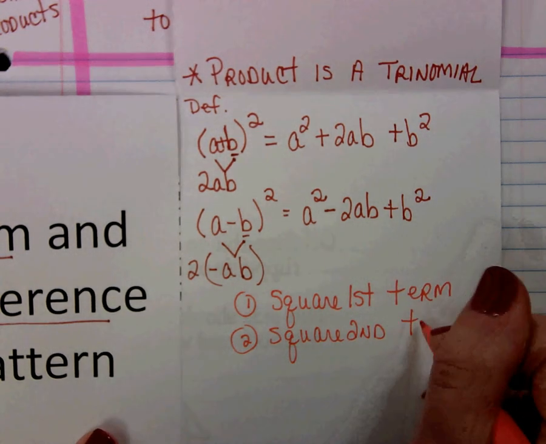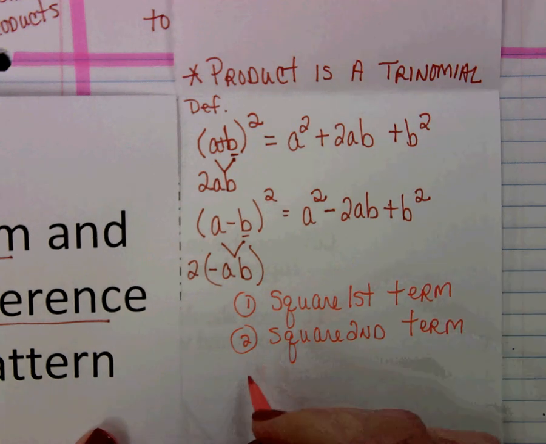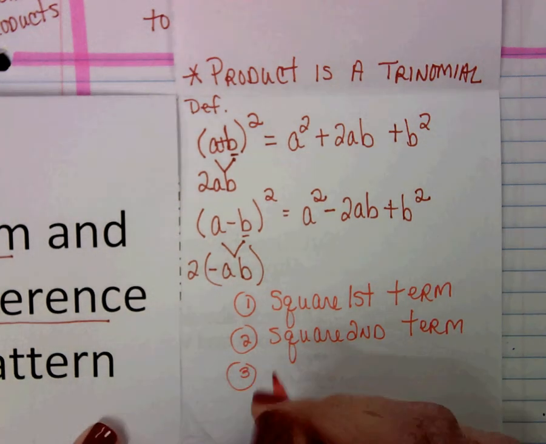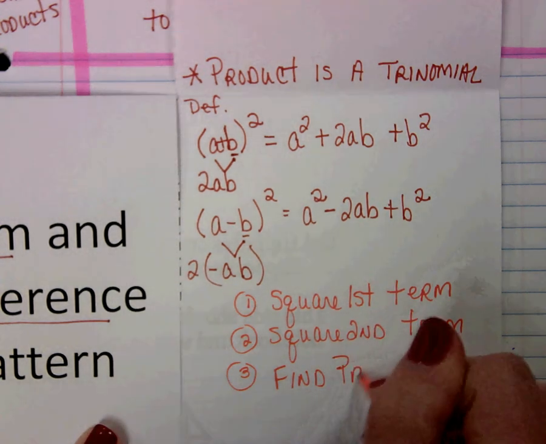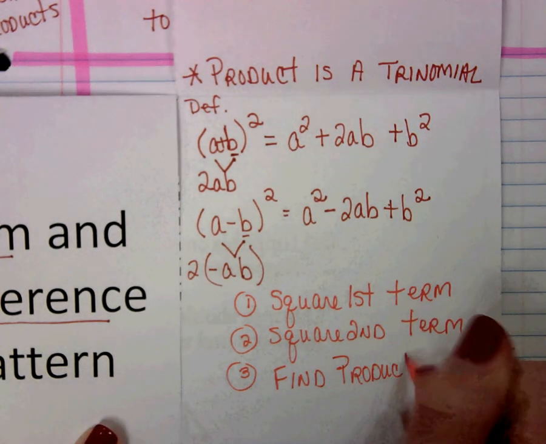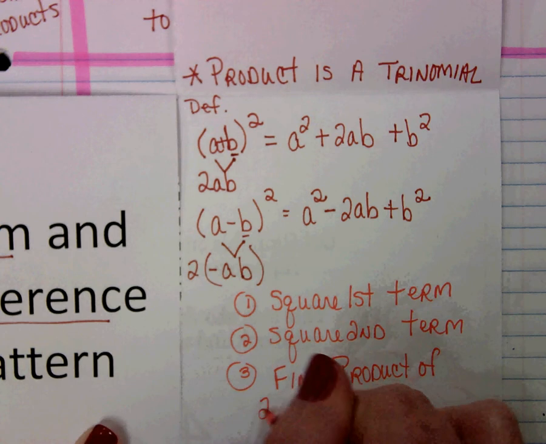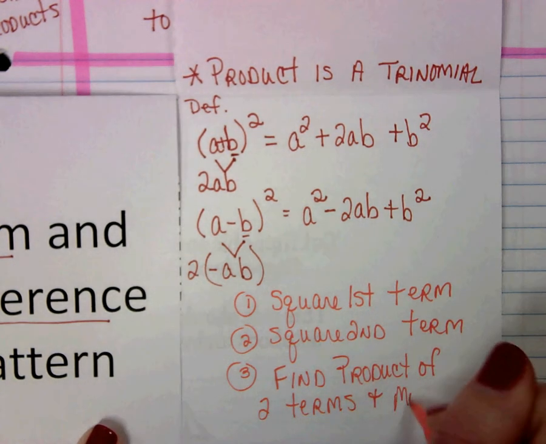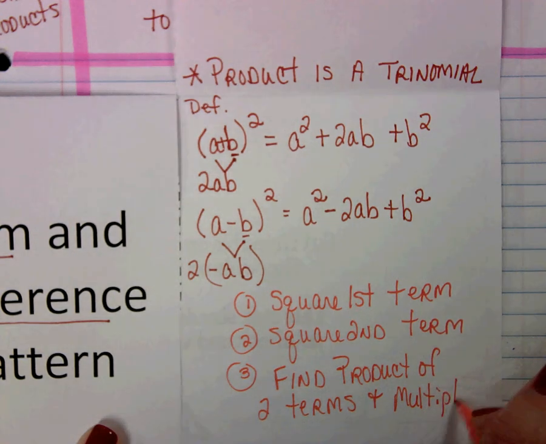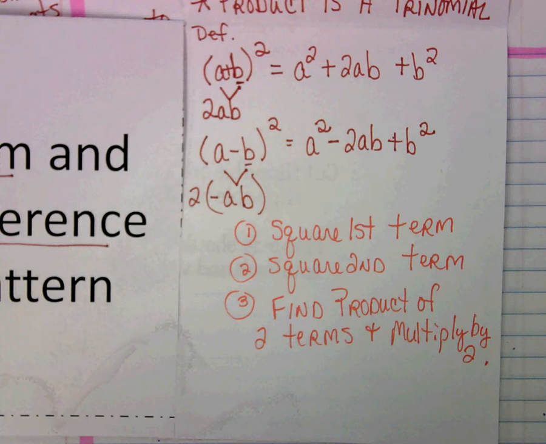Okay, and this is kind of just how I like to do the order. And then 3, we find the product of the two terms and multiply by 2.